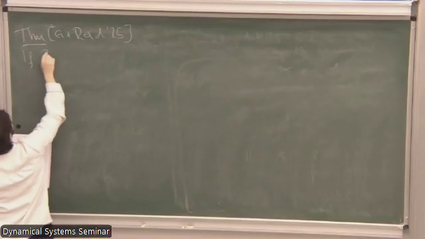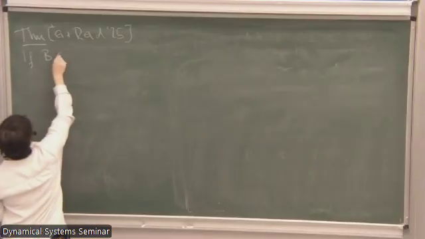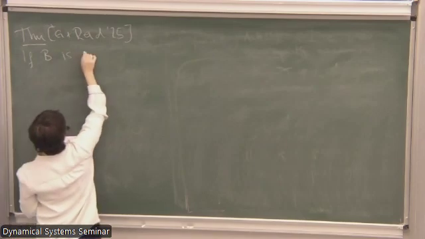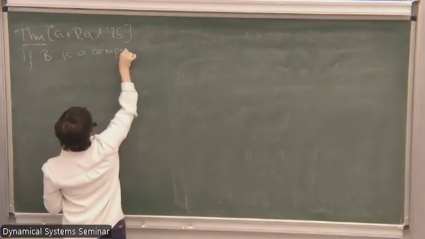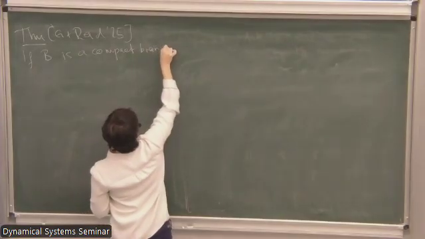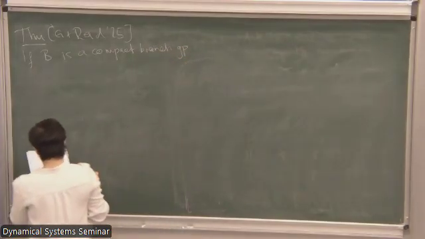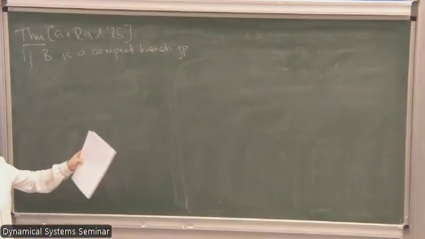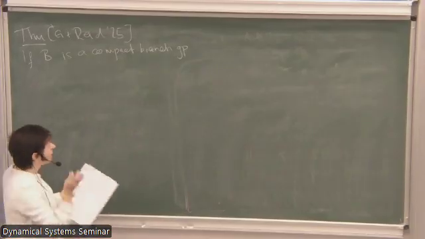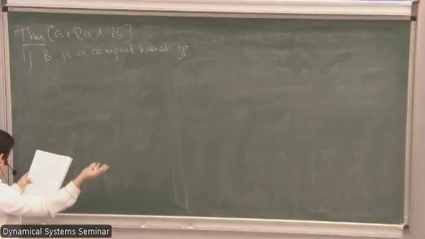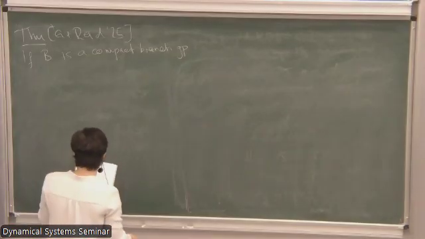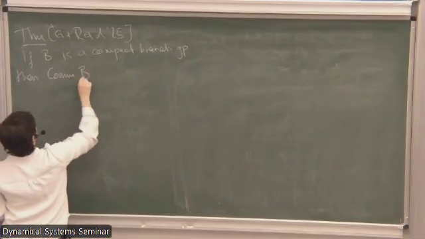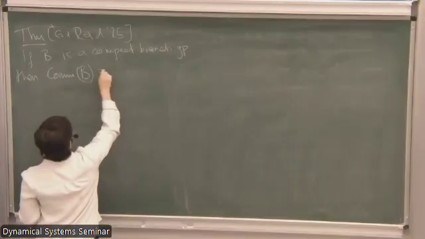So if B is a compact branch group, so a profinite branch group, so one of these finitely constrained groups, you can think of the closure of the Grigorchuk group, the closure of the Gupta-Sidki groups. Then the abstract commensurator of B, this we already know.